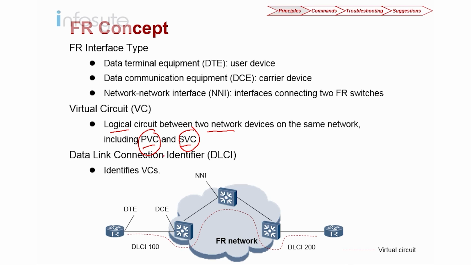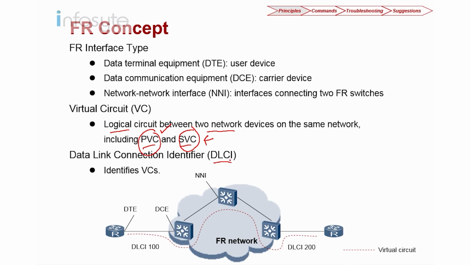A permanent virtual circuit will be permanently there, configured manually, whereas the switched virtual circuit is on demand. When the frame relay is up, the circuit will be there; when the frame relay is down, the switched virtual circuit will be deleted. So most of the time we are using a PVC rather than an SVC.